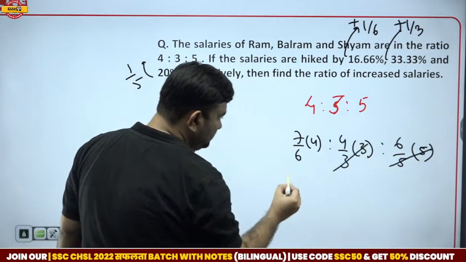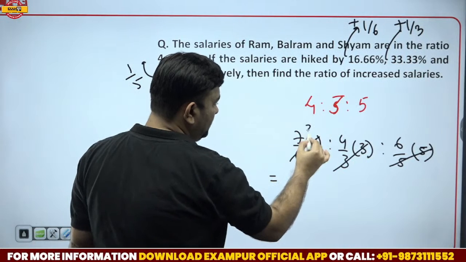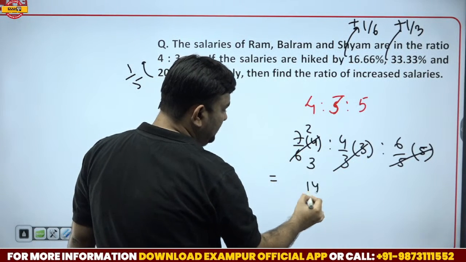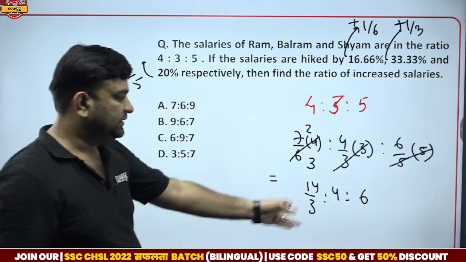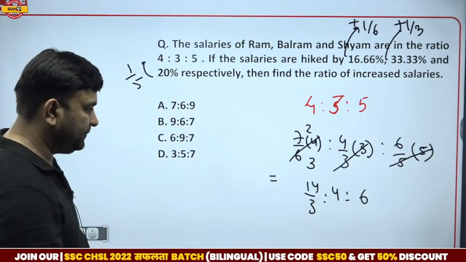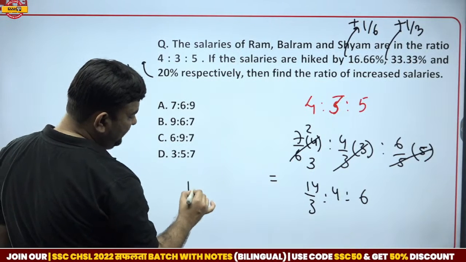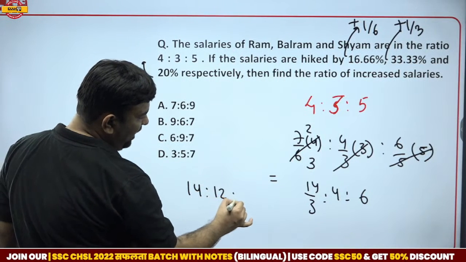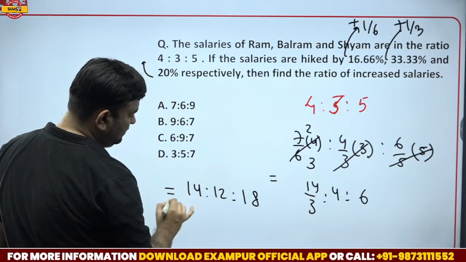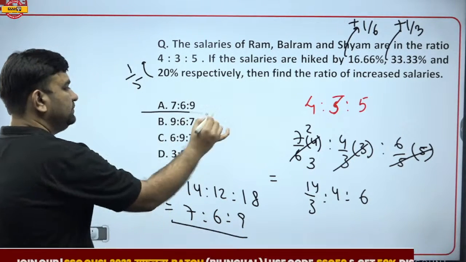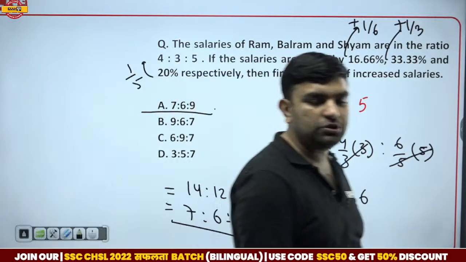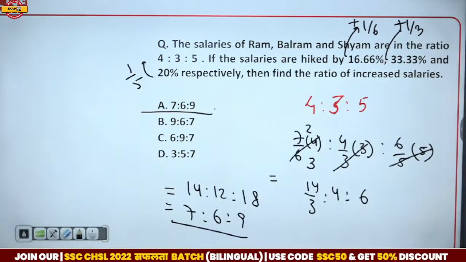So the ratio is 7 by 6, 4 by 3, 6 by 5. Multiply by 30 everywhere: 35, 40, 36. Not bad either, guys.